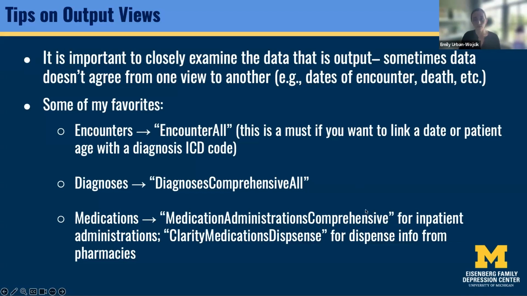So there's a lot of great data here, an abundance of data really, but there's a lot of redundancy between views, and that's because the data might be pulled from different sources. But because of the redundancy, there also might be some discrepancies between each of them. So for example, date of death might appear in multiple output views, but I found in some cases it's actually missing, and other cases it's available.